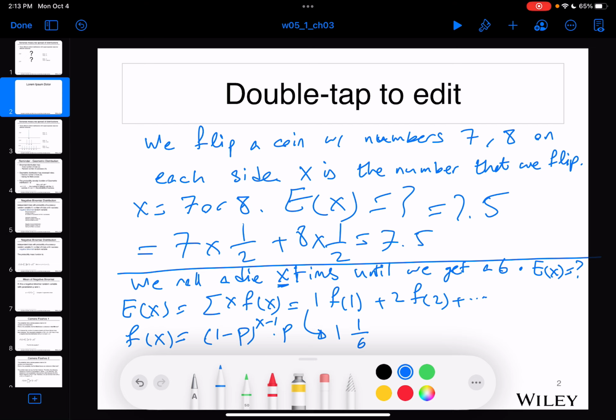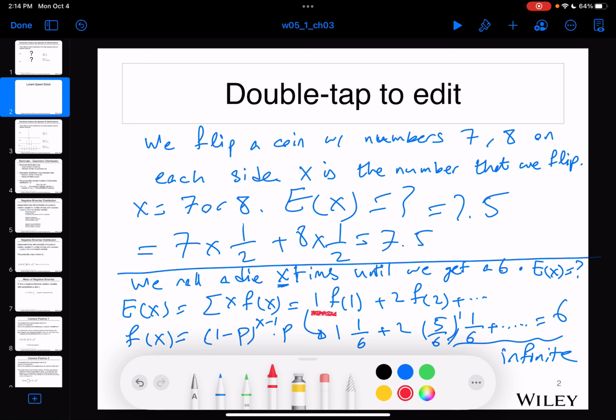Now f of 2 is 1 minus p, which is 5 divided by 6, to the power 1, times p, which is 1 divided by 6. Plus, now I have to sum infinite numbers. It's an infinite sum, and there are techniques in series that we have to use, and at the end we get 6.